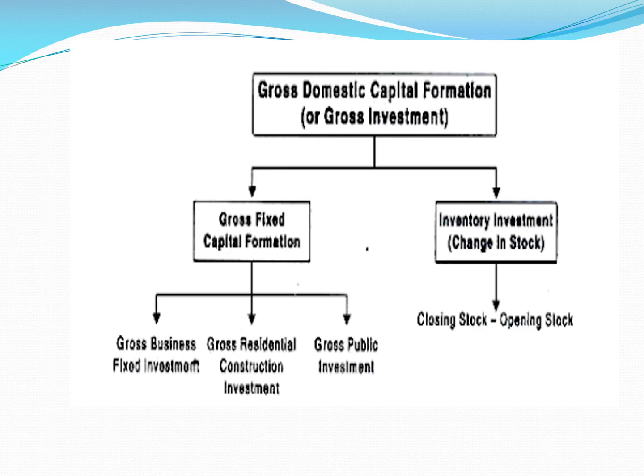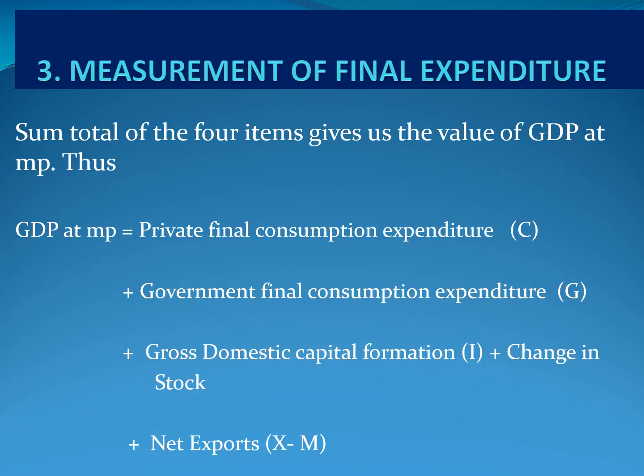And the other one is your inventory investment, which refers to change in stock, which is closing stock minus the opening stock. Now, how do we measure final expenditure? So, the sum total of the four items gives us the value of GDP at MP.